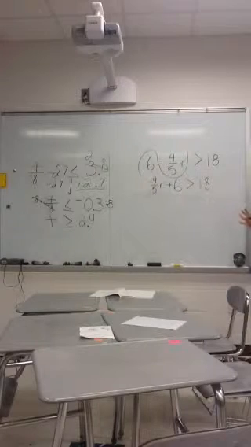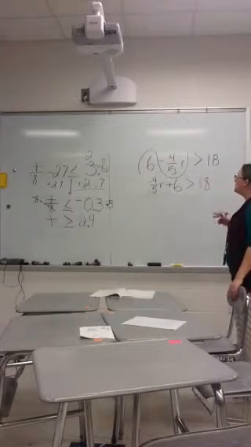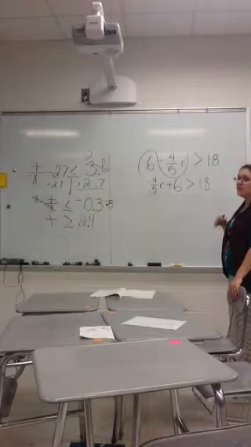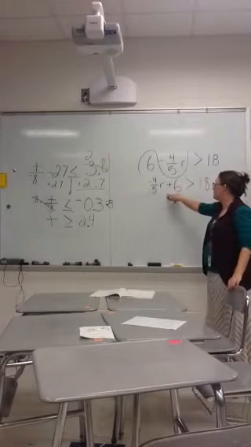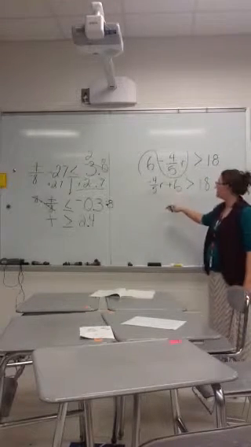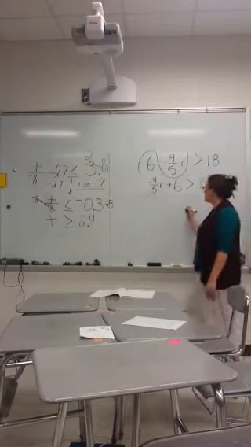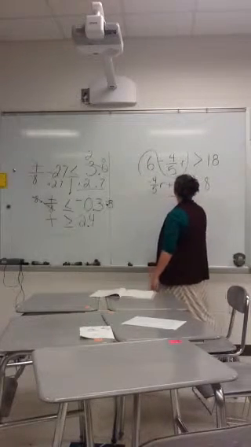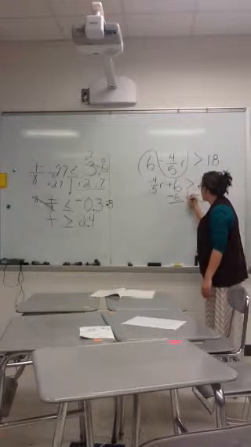Now that my inequality looks a whole lot nicer and prettier, we're going to do what we have been doing. First, we want to isolate the variable. We isolate the variable through getting rid of the number that's there by itself first. So, plus 6, we're going to subtract 6 from both sides. So, subtract 6 minus 6. I'm going to bring down my inequality.